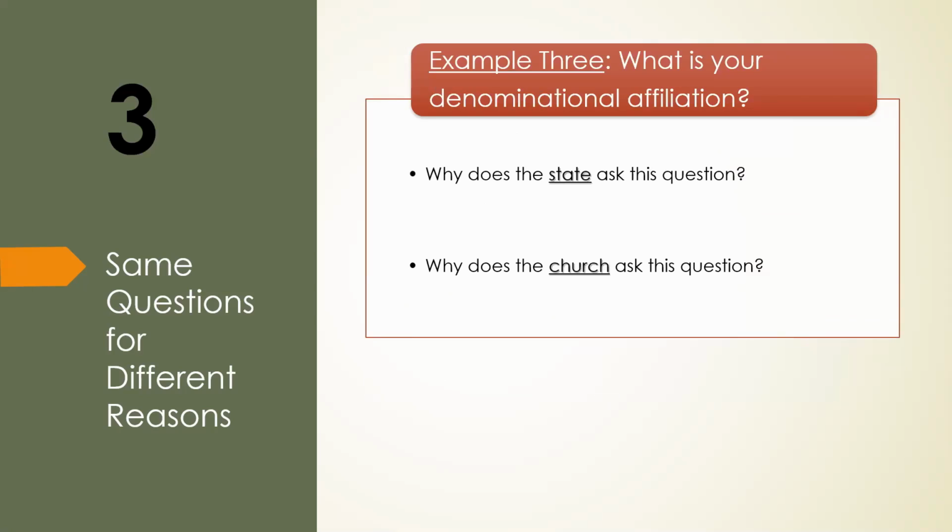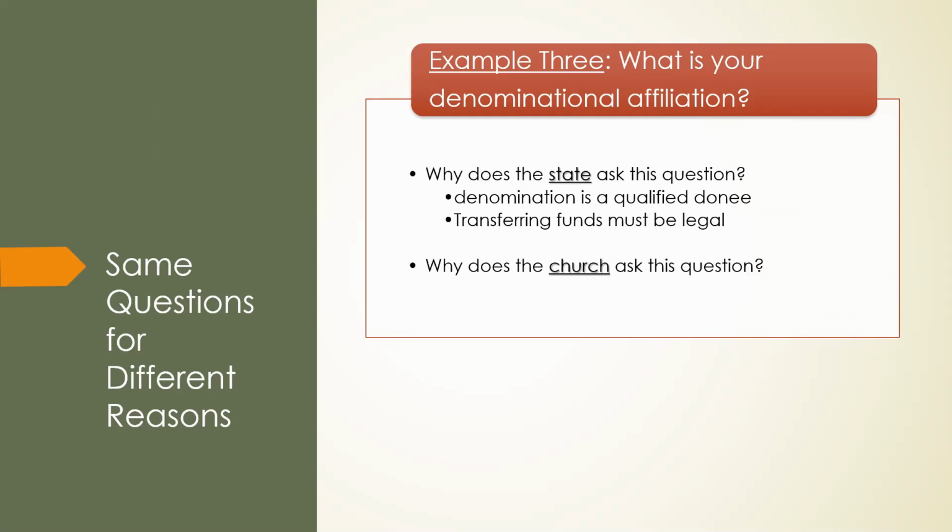Example number 3, what is your denominational affiliation? Why does the state ask this? Well, the government wants to ensure that your affiliates are qualified donees. That is, your organization can legally transfer money to these affiliates. Why does the church ask this question? Well, we as a Baptist church believe in local church governance, that God has granted authority to the local church to govern itself.